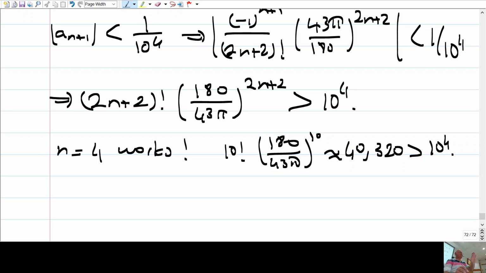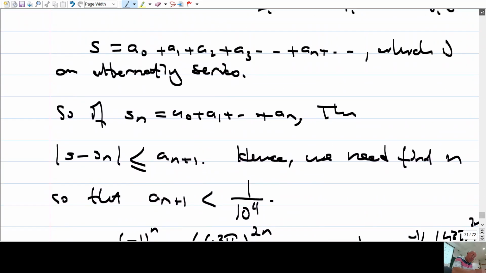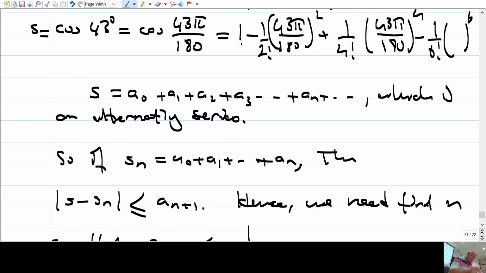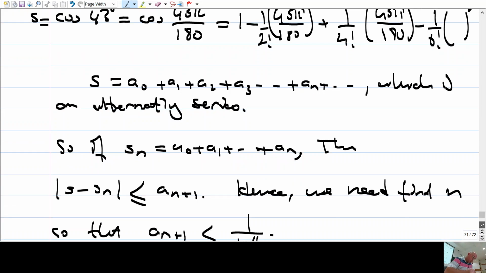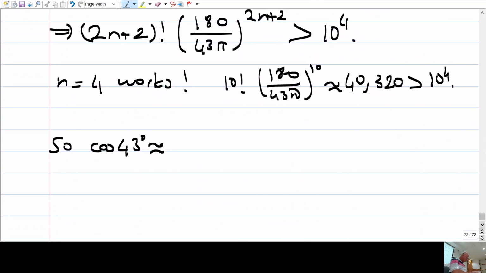This means we will take terms from 0 up to 4. So cosine 43 degrees is approximately I just need to write 4 terms: 1 minus 1 over 2 factorial 43 pi over 180 squared, and so on.